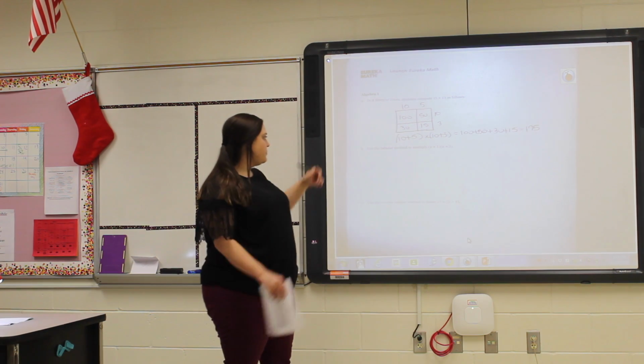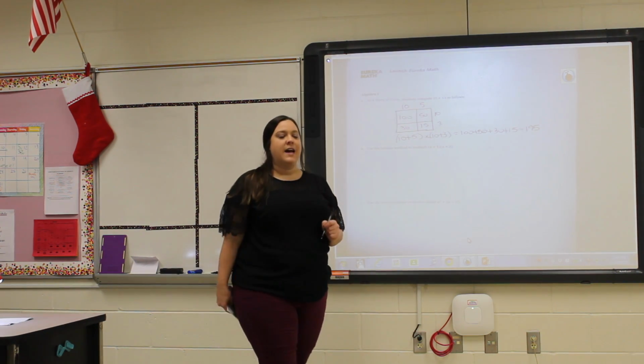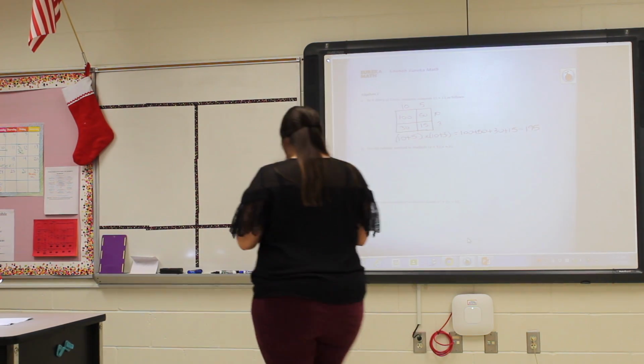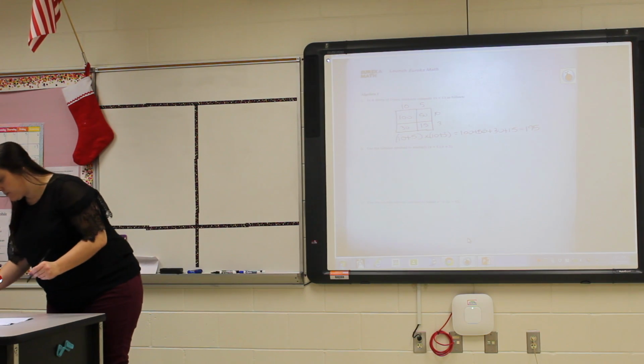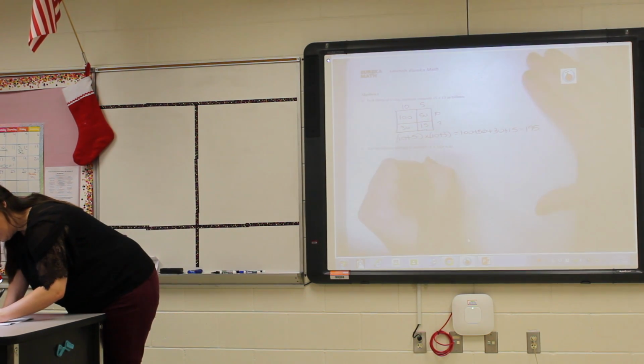Now, in your Algebra 1 task in Part B, go ahead and use the tabular method to multiply x plus 5 times x plus 3. So we start by drawing the model.